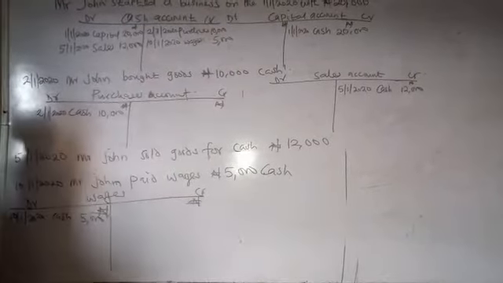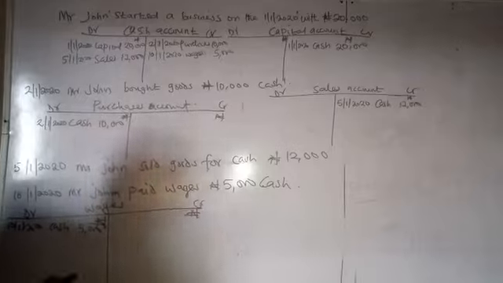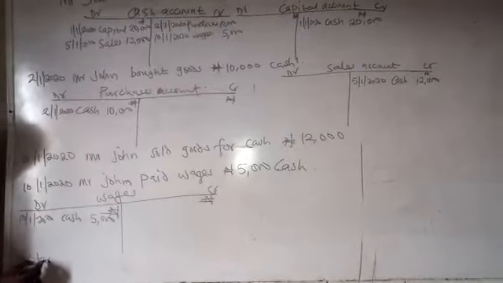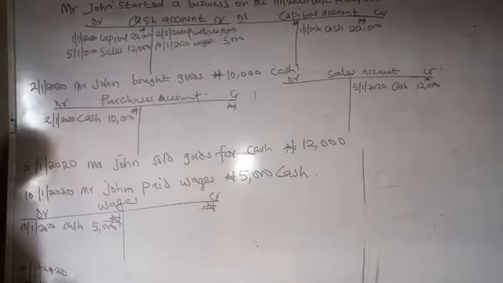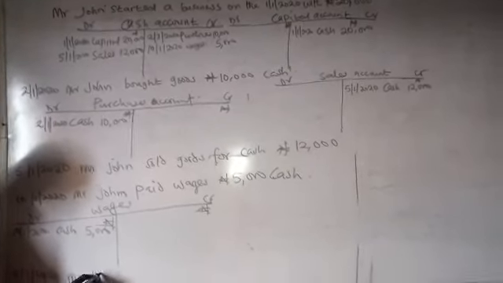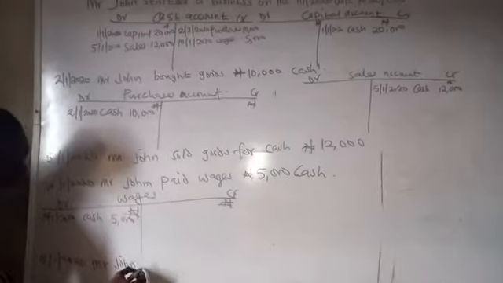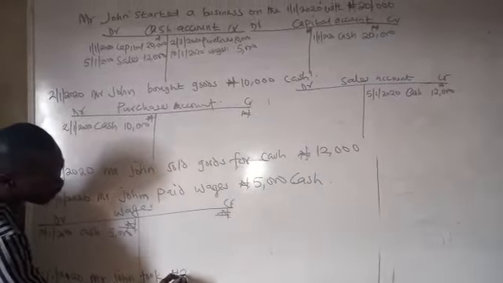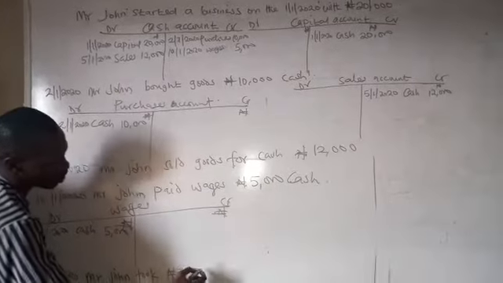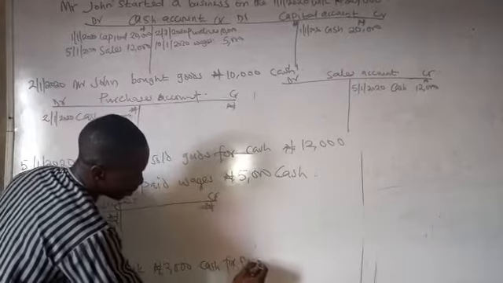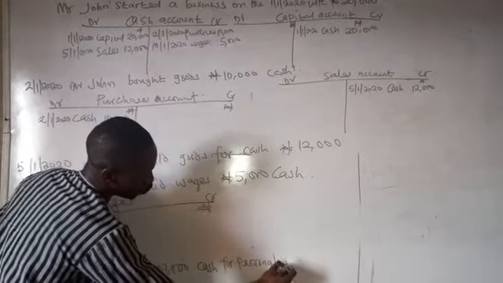With this, let me give you another transaction, because this one is very important. On the 15th of January 2020, Mr. John took 2,000 naira cash for personal use.